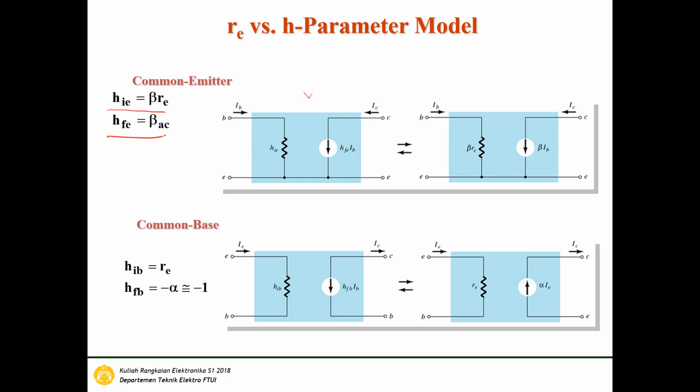So this is for the h parameter, and this is for the re parameter. And then for the common base, hib is re, and hfb is minus alpha or minus 1, minus on IE.